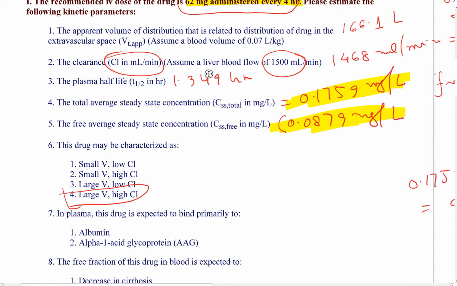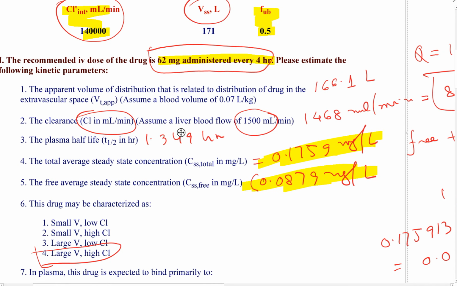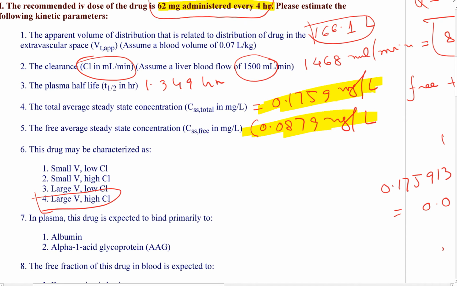Another way to find out why it is large V: you see this apparent tissue volume is very little, and then it has a very large steady state volume. This information will help you to determine if it is a high V or high CL drug. I will try to explain this more in the class.